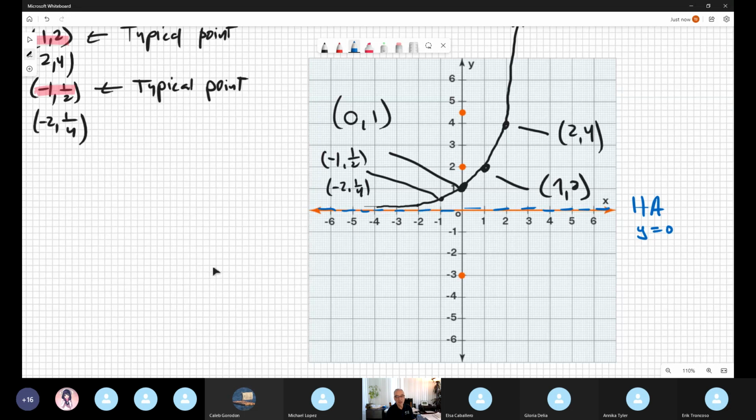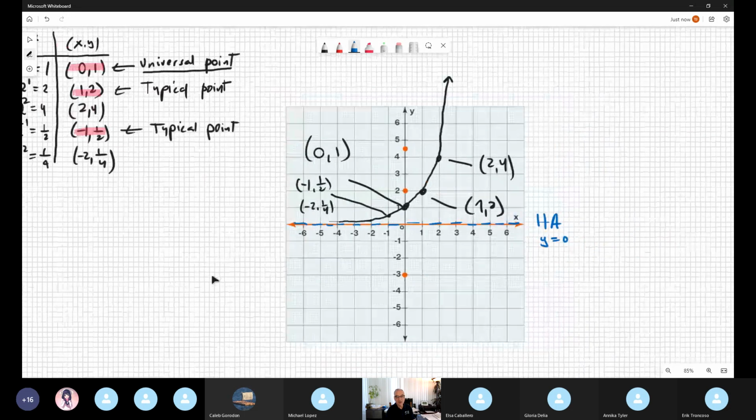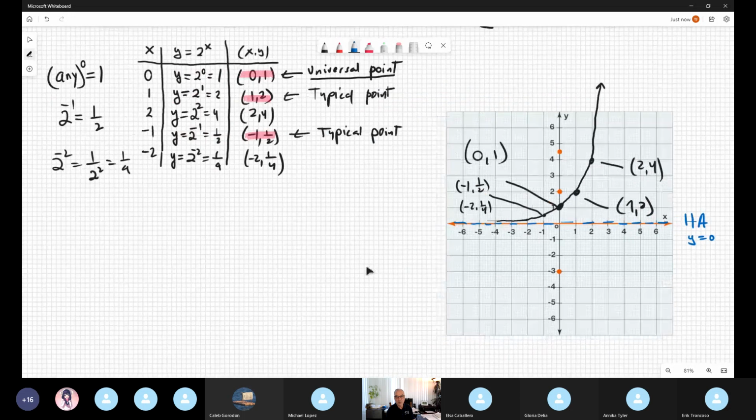Any exponential function contains, and this is a very, very important piece of information when you are graphing the exponential, one horizontal asymptote at y equals 0, which is coincident 100% with the x-axis.